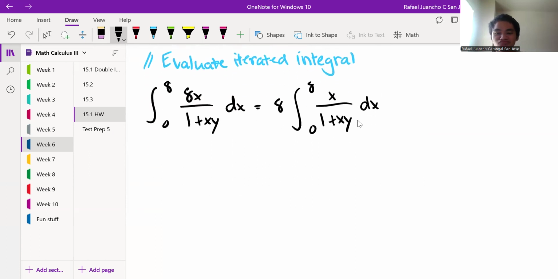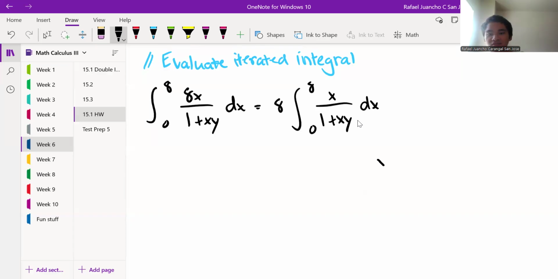From here, I could do a u sub, right? Oh shoot, I don't think I can do a u sub. So it's either u sub, integration by parts, or something else.